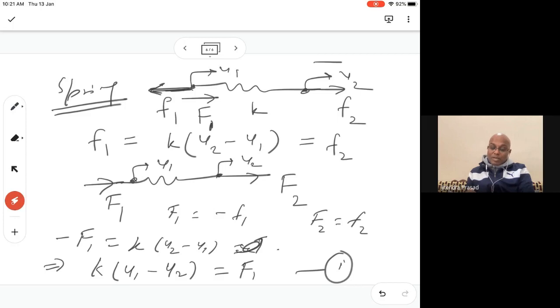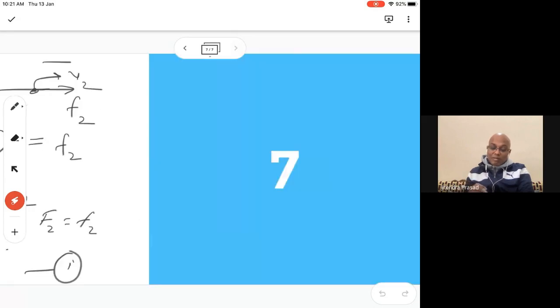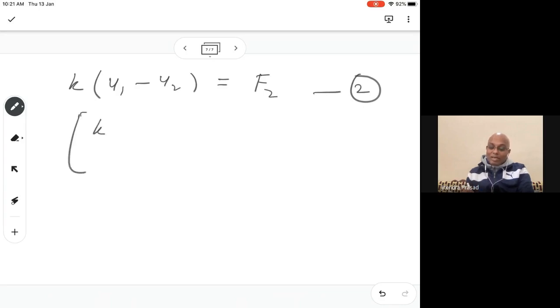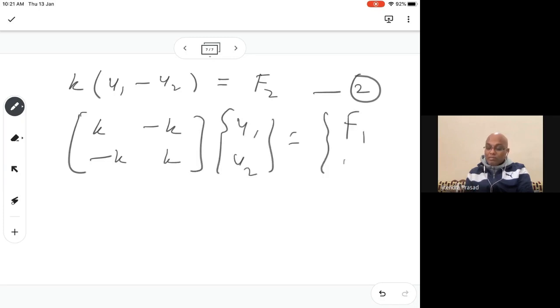Equation number 2 will be K times U2 minus U1 equal to F2, and this F2 and that F2 are both the same. So equation number 2 is K times U2 minus U1 equal to F2. Now from equations 1 and 2, simply you can write it as the matrix [K, minus K; minus K, K] times [U1, U2] equal to [F1, F2].